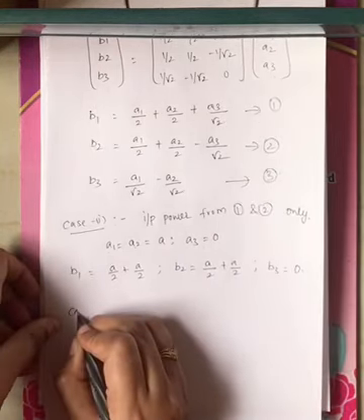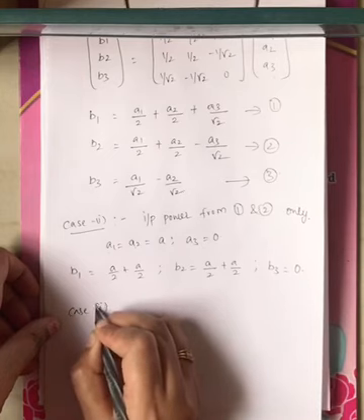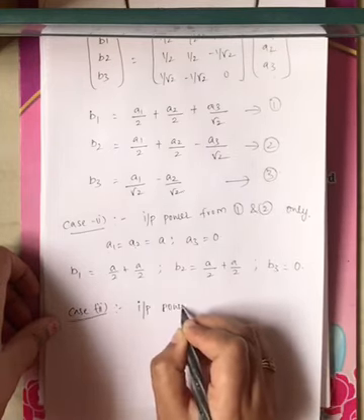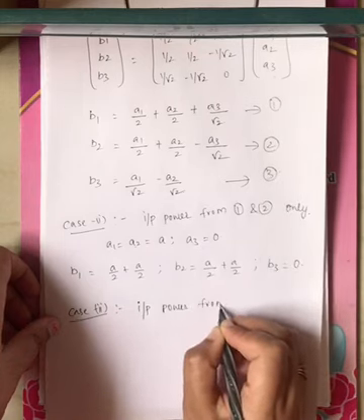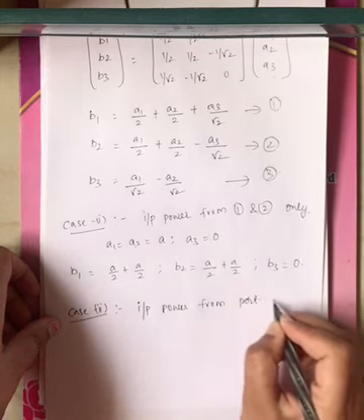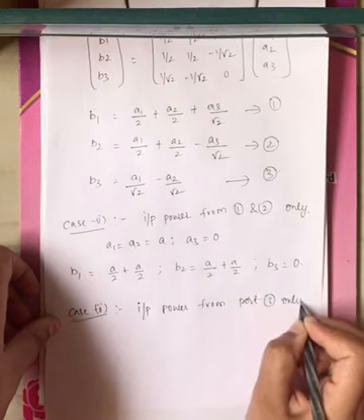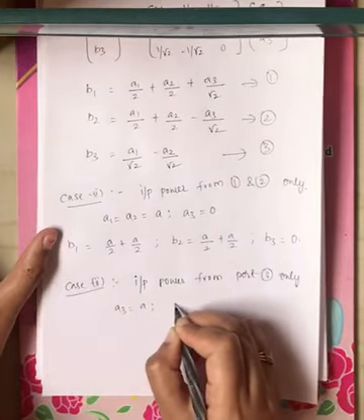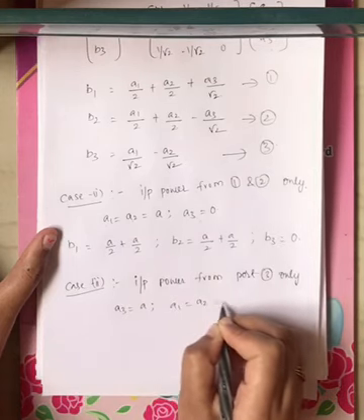Now coming to case 2, input power from port 3 only, that is A3 equals A and A1 equals A2 equals 0.